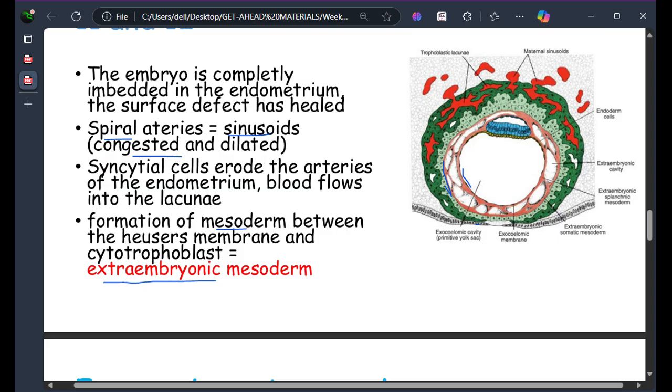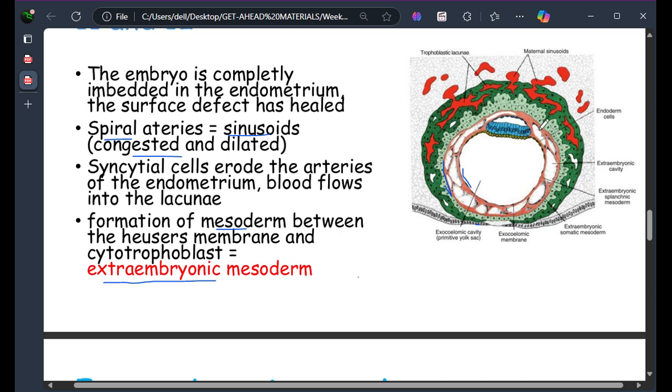Are we together so far? Yes, so in the extraembryonic mesoderm, some spaces start to appear, and those are called extraembryonic cavities.